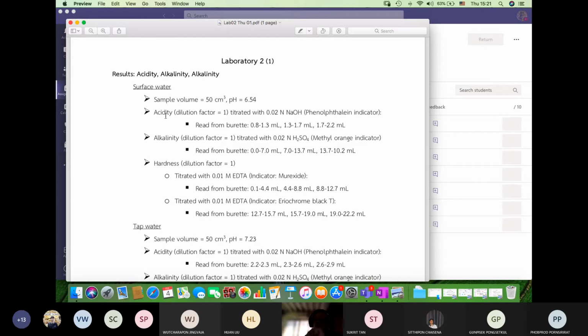Once you take the average, you get only one value as the acidity of this sample. Acidity of each sample, alkalinity of each sample, there is only 1, not 3.